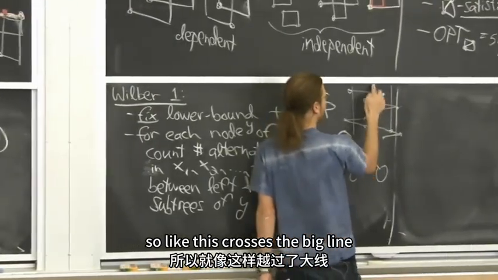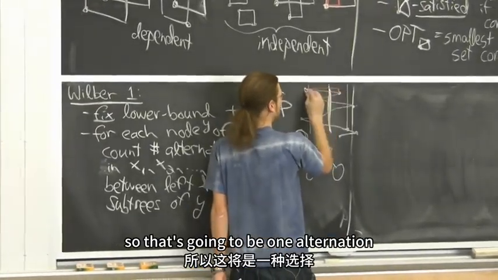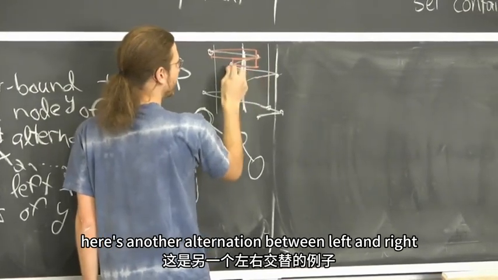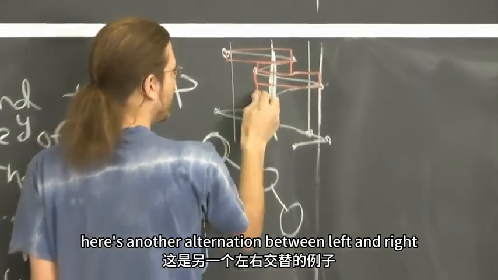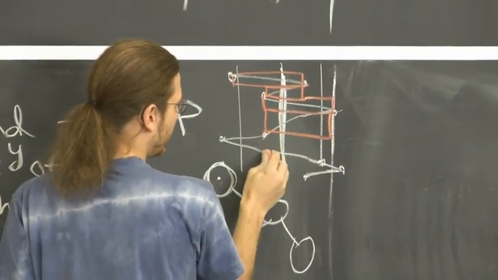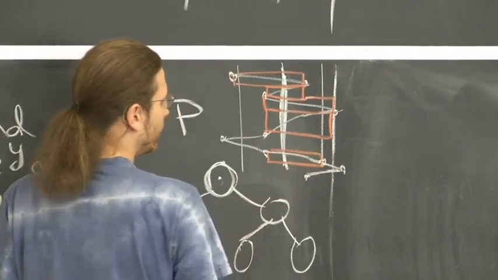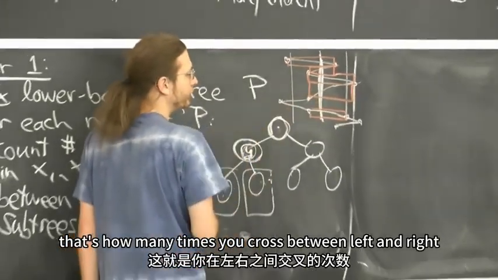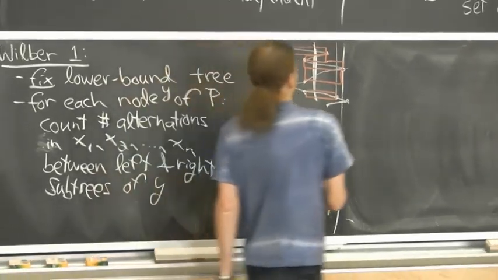So this crosses the big line, so that's going to be one alternation between left and right here. Here's another alternation between left and right. Here's another. Here's another. And one more. Okay, so for the big line, for the root node, that's how many times you cross between left and right relative to the root.